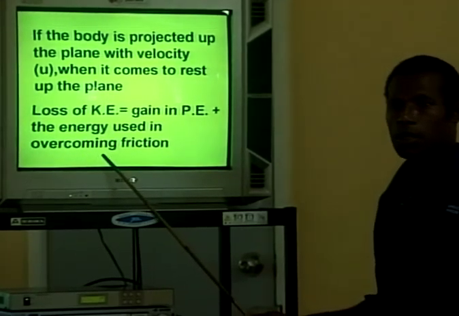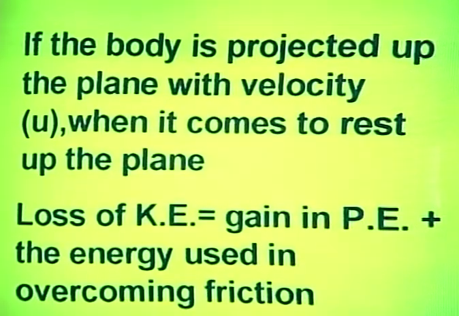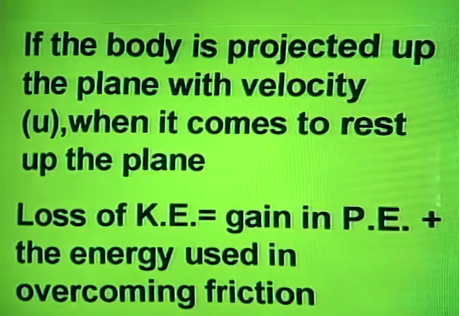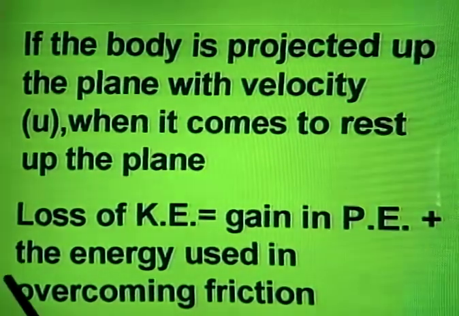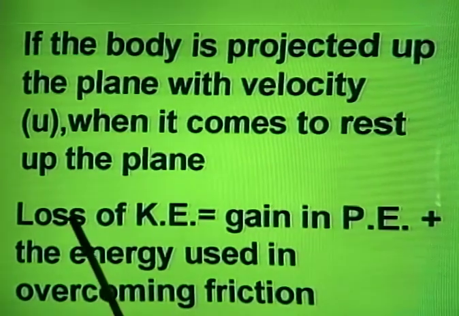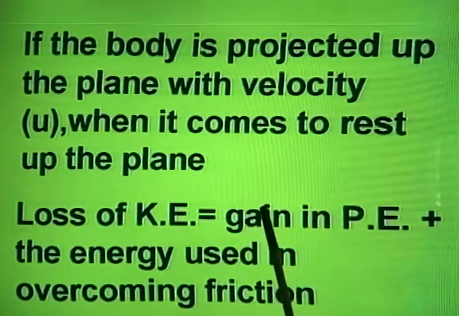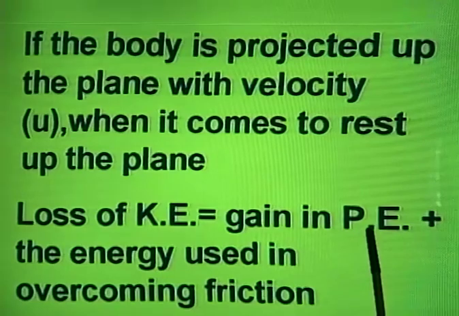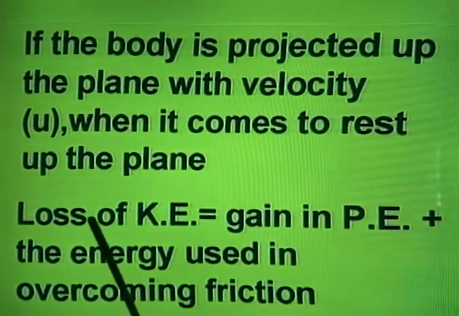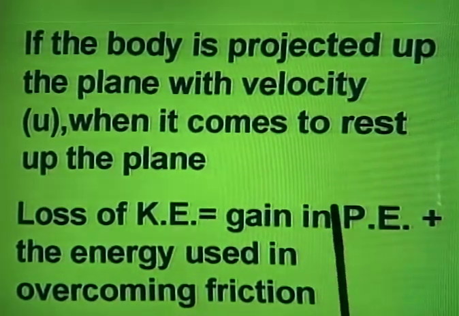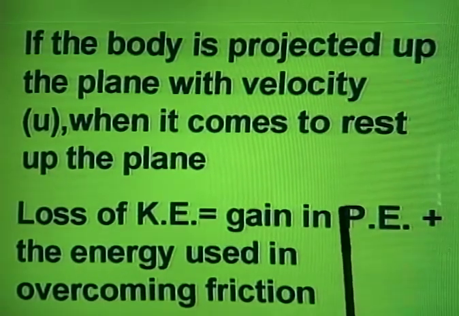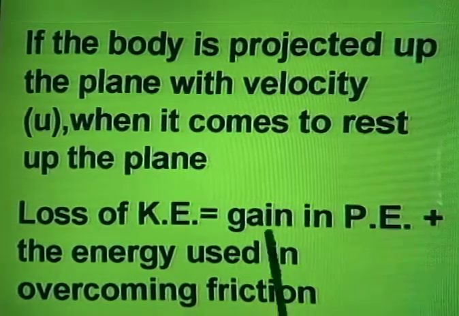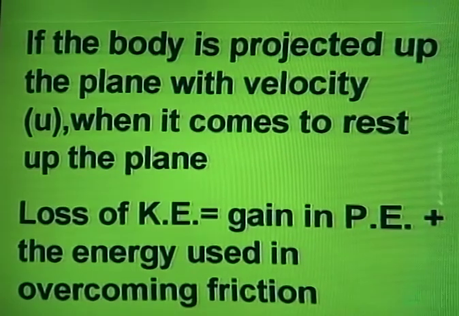So it is likewise the same as the equation that you had earlier: loss in mgh equals gain in kinetic energy plus that. The same thing this time: loss in kinetic energy will be equal to the gain in potential energy plus the energy used in overcoming friction.